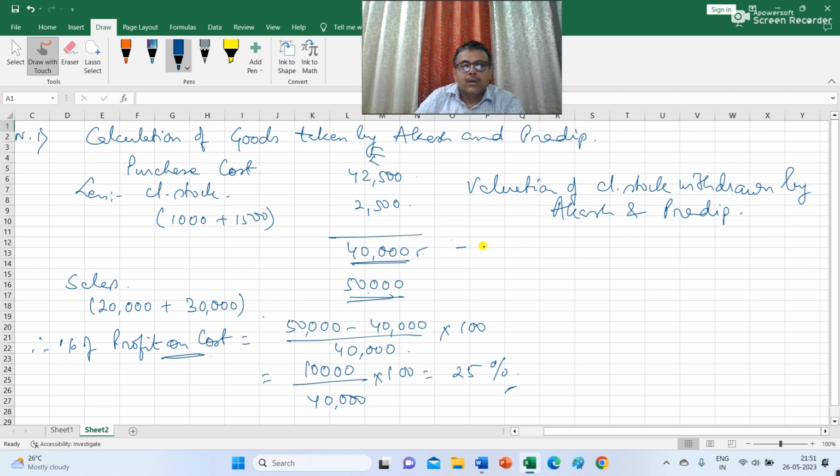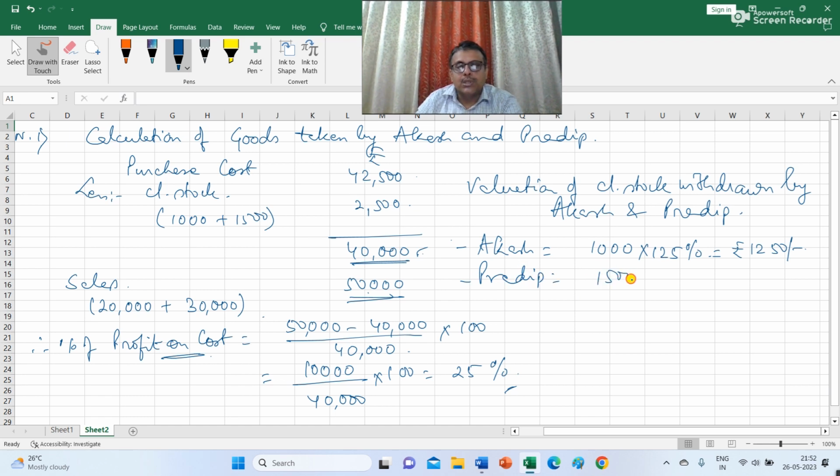For Akash, 1000 is the cost price of goods. Multiply this with 125% because 25% is the gross profit on cost. So percentage of profit on cost was 25%. So I have multiplied this 1000 rupees with 125%. It means 1250 is the value of the goods that was taken by Akash.